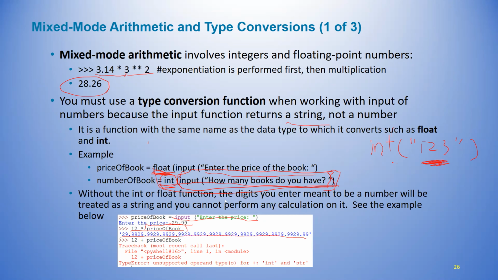Hello times 12 will output hello 12 times, and this will output 29.99 12 times. When you do this, it will say, no, I cannot do that because this is a string. I cannot combine a string and an int together. So that's the problem. That's why you always remember to convert it into a number. Okay, you can do the conversion like this.